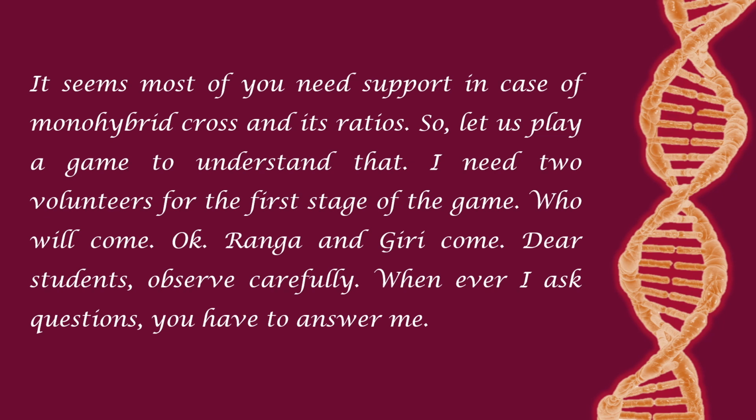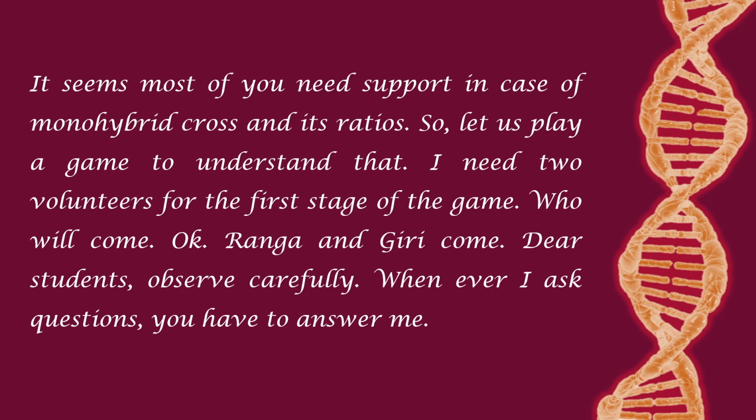So from our conversation, it seems most of you need support in case of monohybrid cross and its ratios. So let me make it clear. For this, let us play a game to understand the monohybrid cross. I need two volunteers for the first stage of the game. Who will come? Okay, Ranga and Giri, come.